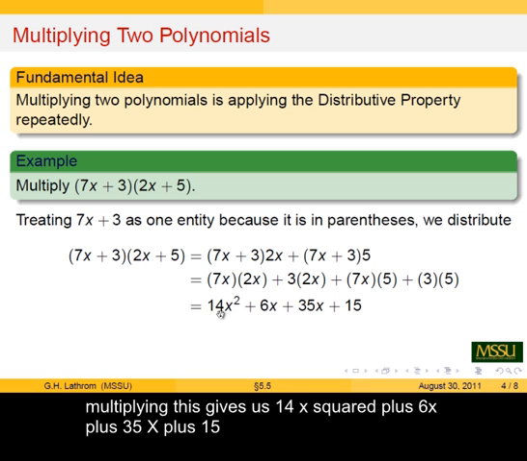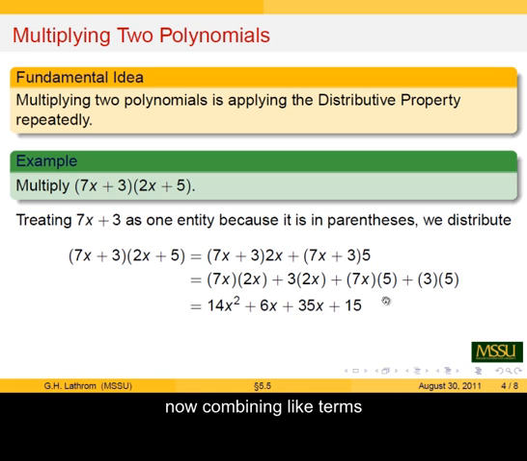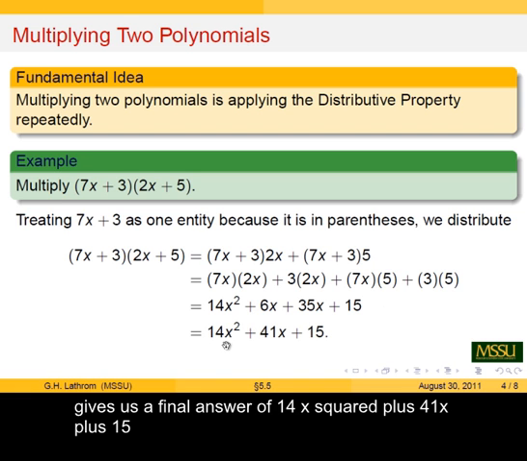Multiplying this gives us 14x squared plus 6x plus 35x plus 15. Now combining like terms gives us a final answer of 14x squared plus 41x plus 15.